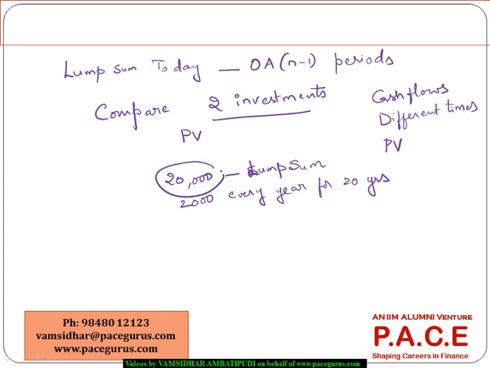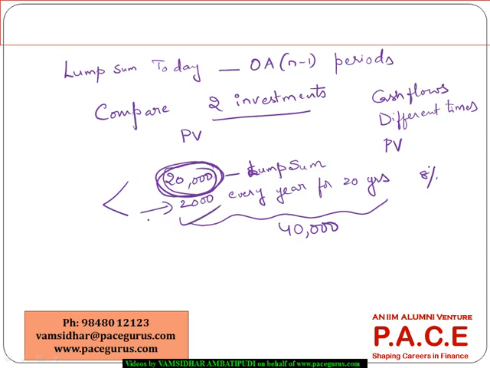Is getting 20,000 today good enough, or is 2,000 every year for 20 years better, assuming that the interest rate is 8% per year? Which of these two options should I prefer? I can really compare them only if both of them are expressed in present value. This is nothing but a present value because I am getting 20,000 today, but this is not. I can't say that overall I am getting 40,000 here, so this is much better compared to this. That comparability cannot happen.